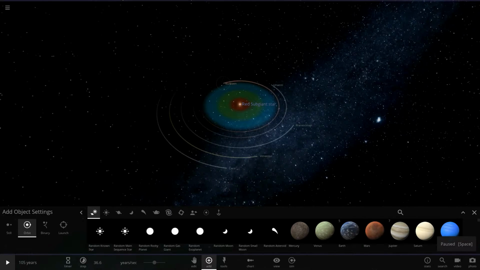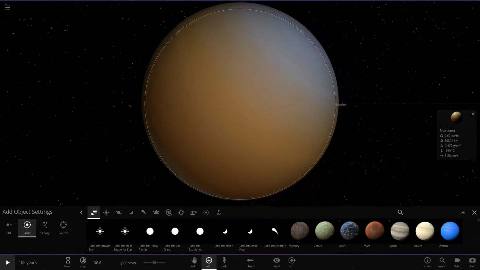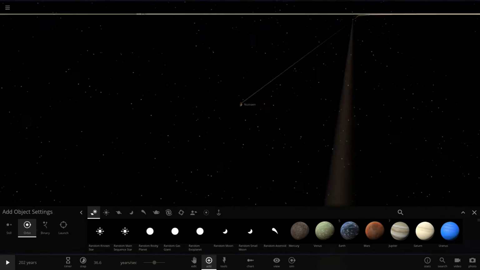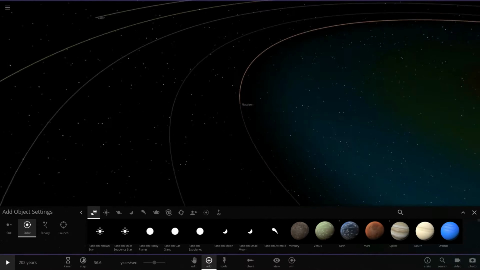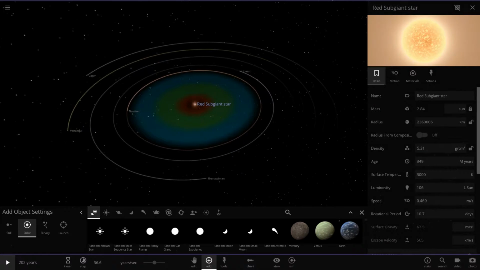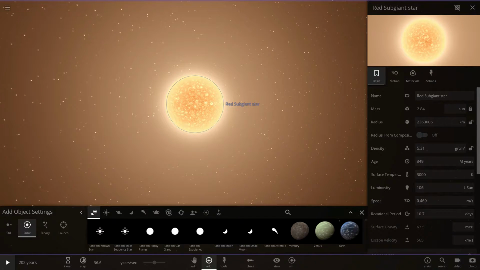They are so luminous, for example, that basically it's really odd. A red subgiant is not a very dense star, but it's a dense star. It's odd.